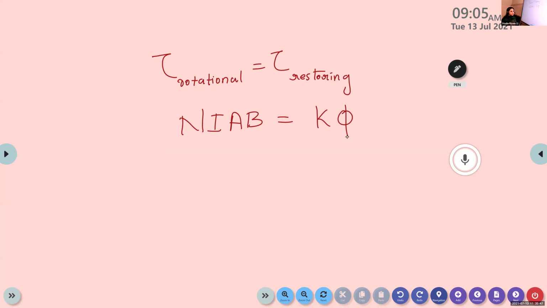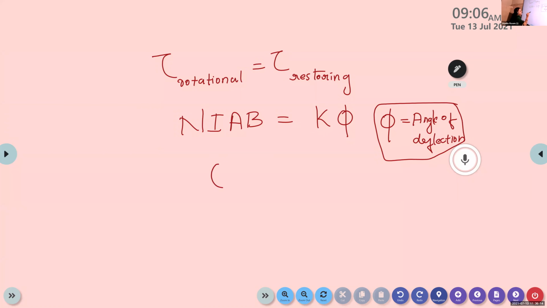What is phi? Phi is the angle of deflection. You can note it down. Phi is the angle of deflection, and K is the proportionality constant. So NIAB is equal to K into phi.